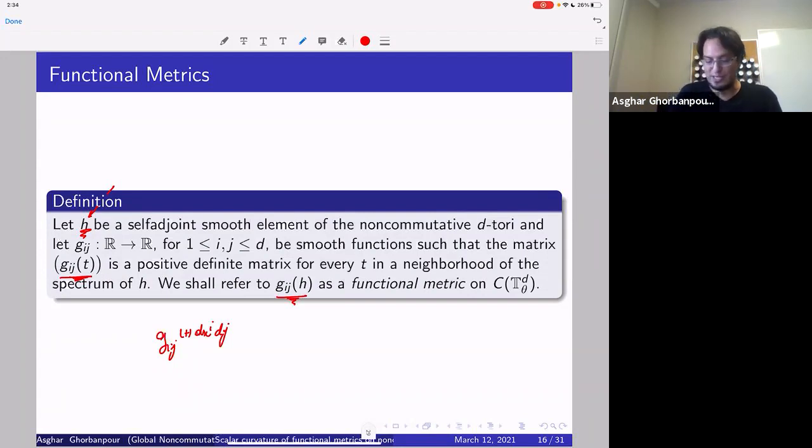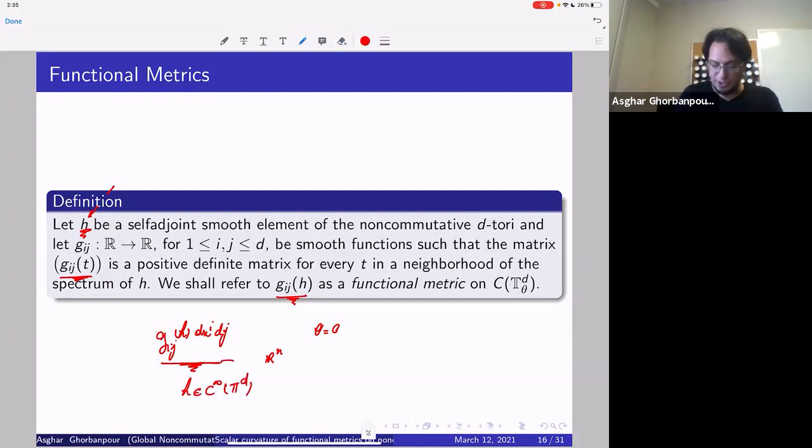Our metrics are supposed to be of this form. If you want to see this in the commutative case, when theta is the zero matrix, we are working with a matrix of this form on Tn. Here, h is in C infinity of Tn.